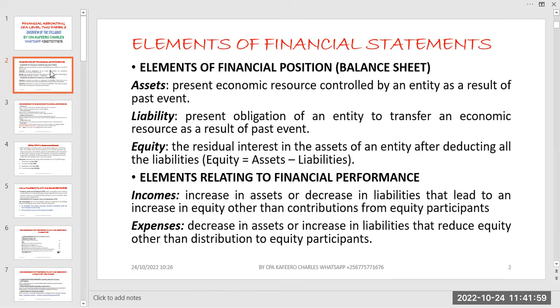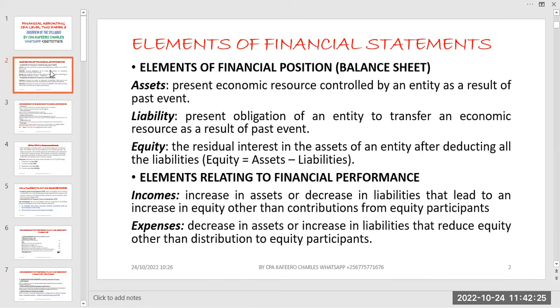So the first elements of financial statements, we are going to categorize them as elements that are within the statement of financial position, that is the balance sheet, or the items that show the financial position of an organization.